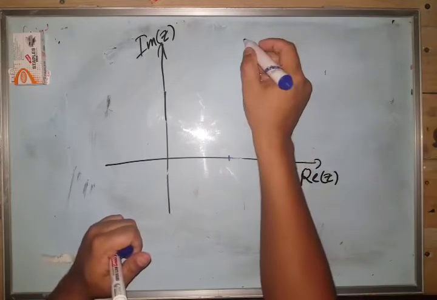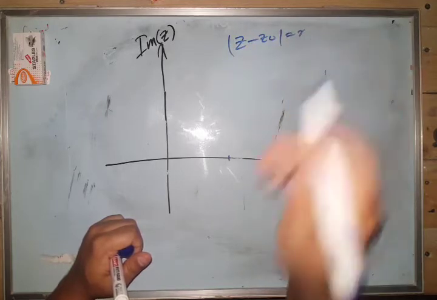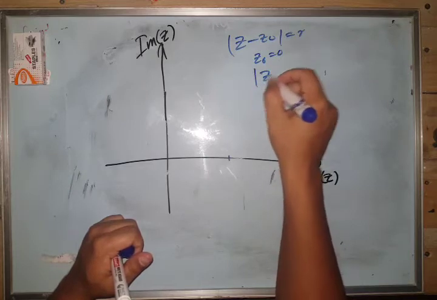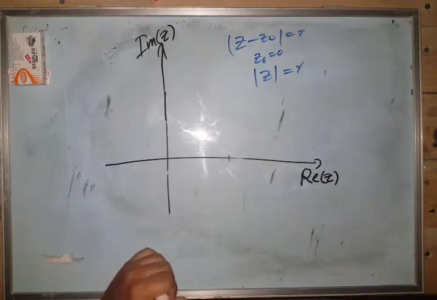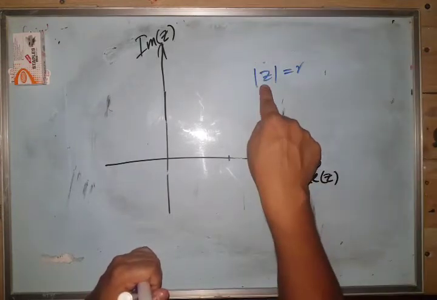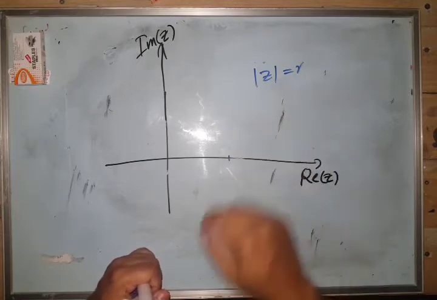So z minus z naught is equal to r becomes, when z naught equals 0, modulus of z is equal to r. In this case, you have to find the locus of z such that its modulus is equal to r.